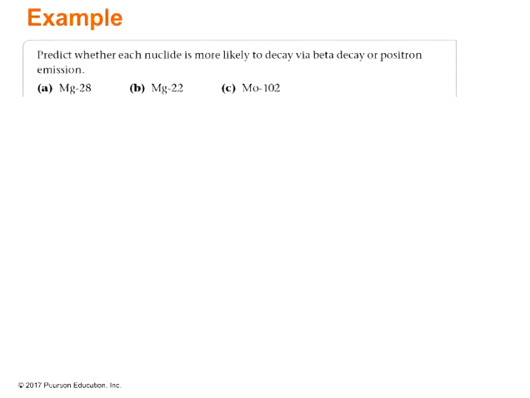So let's go over an example problem. Let's predict whether each nuclide is more likely to decay via beta decay or positron emission. So let's start with A. We have magnesium 28. And let's look up what the atomic number of magnesium is because that will tell us how many protons we have.